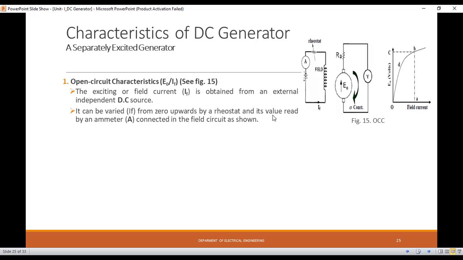This part we have already discussed in the previous lecture.